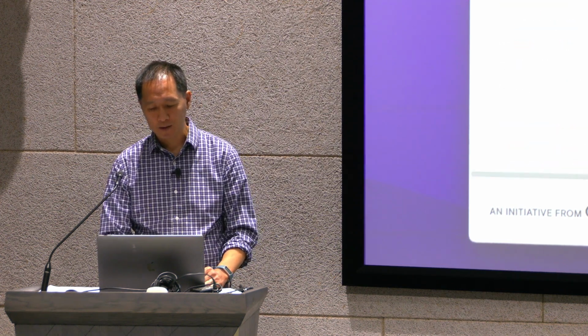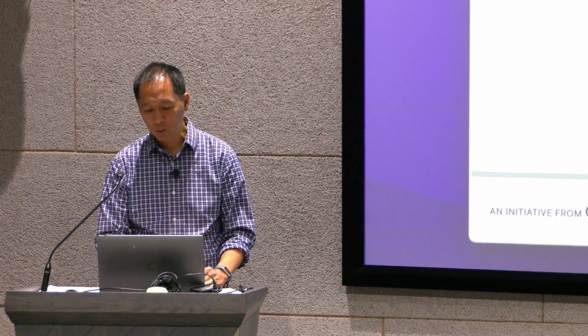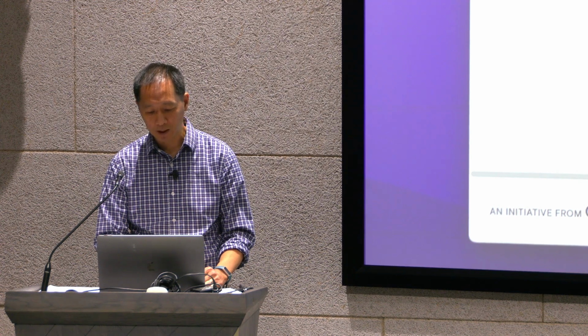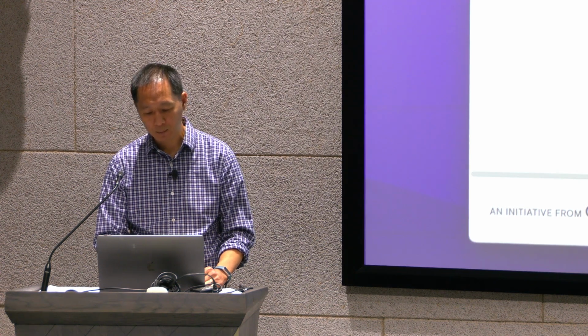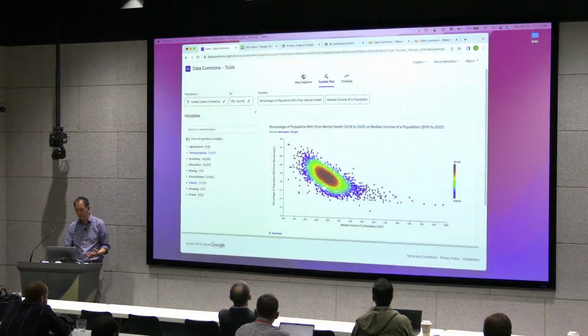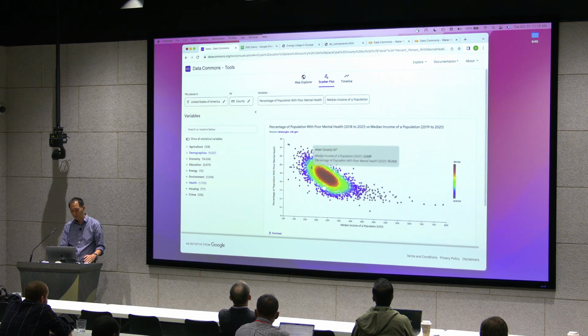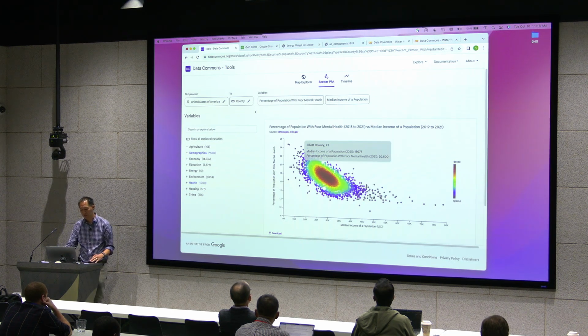And so let's say, in addition to looking at poor mental health, you want to see how that compares to income. So we'll look at the median income of a population. And here you can see a scatter plot where each of these dots is a county, and you can see that there is an interesting relationship here where it looks like counties that have a lower median income seem to have a higher percentage of population with poor mental health.